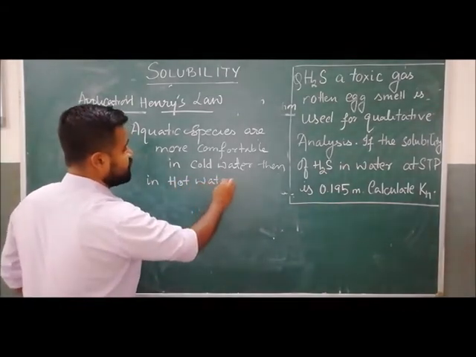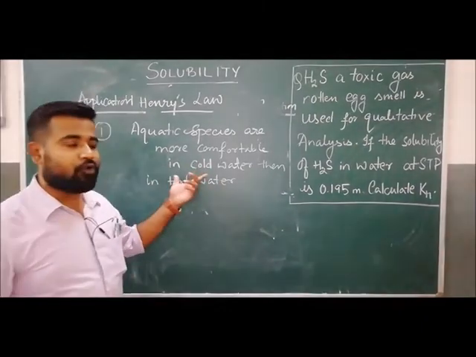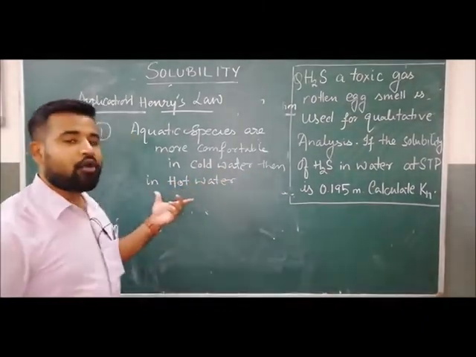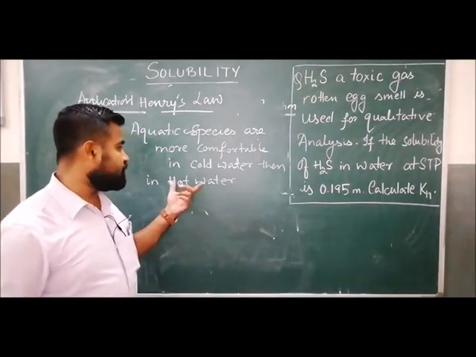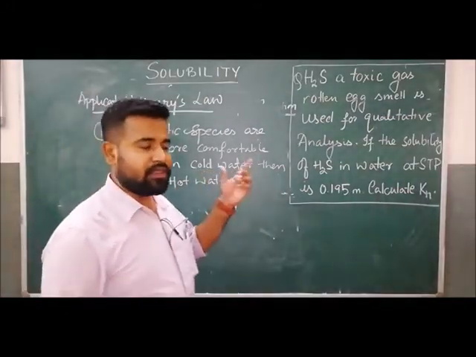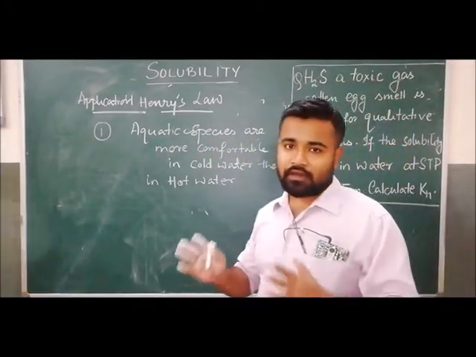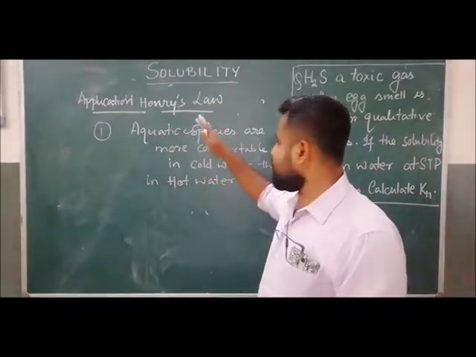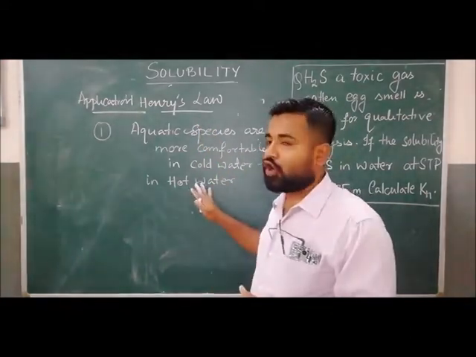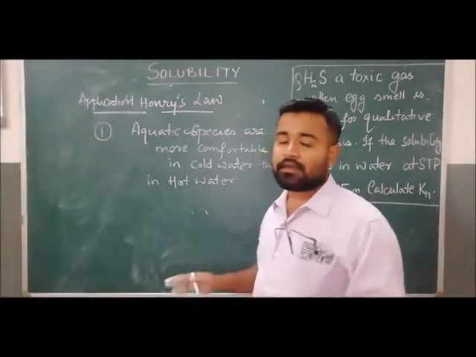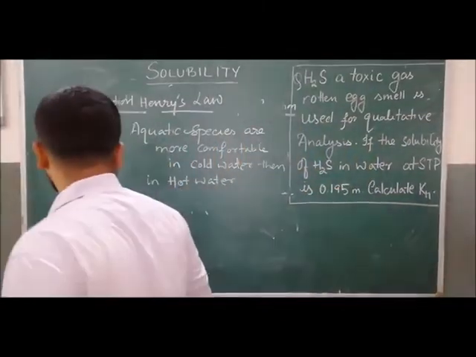This is the first application of Henry's law: aquatic species are more comfortable in cold water rather than in hot water. Why? Because we know that in cold water, when the temperature is low, the dissolved oxygen is more. That's why aquatic species are more comfortable in cold water rather than in hot water, because in hot water the dissolved oxygen is less. So this is the first application.